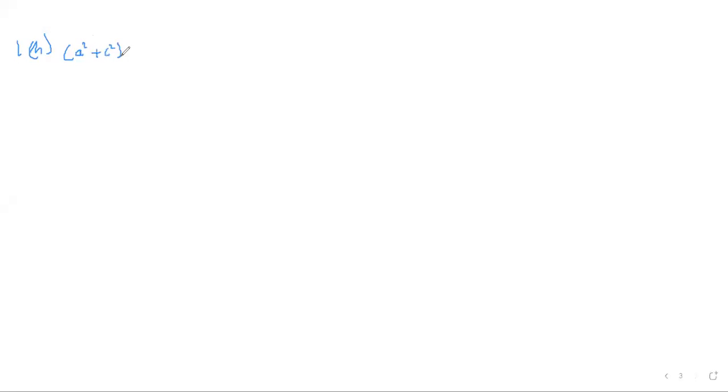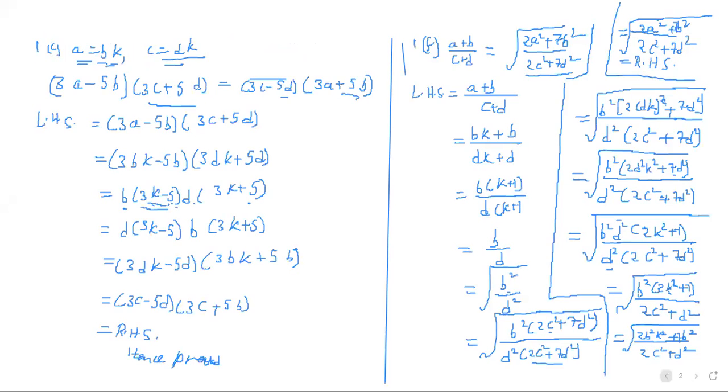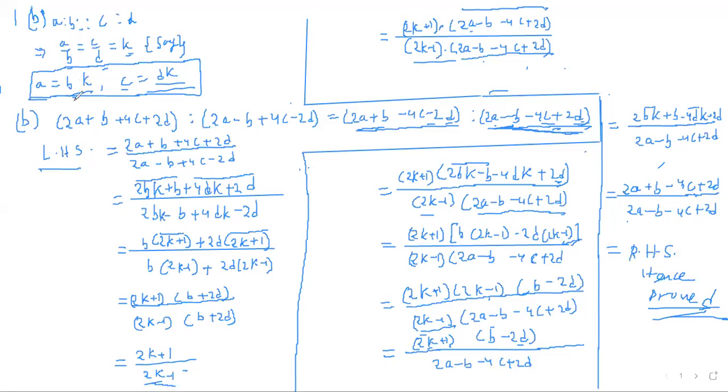A square plus C square into B square plus D square equals to AB plus CD whole square. With the same result, we have still the same things. A equals to BK, C equals to DK. It is common for all these questions.